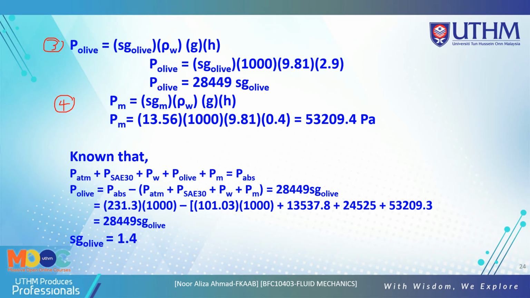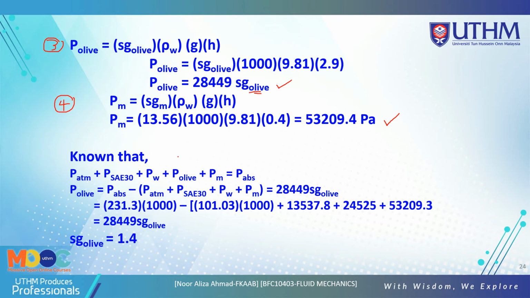So the pressure in olive is in terms of SG olive, because we want to find the SG. For the pressure of mercury, you just put the value here until you get this value. Soalan ni markah dia banyak, so these questions are actually from the previous final exam.